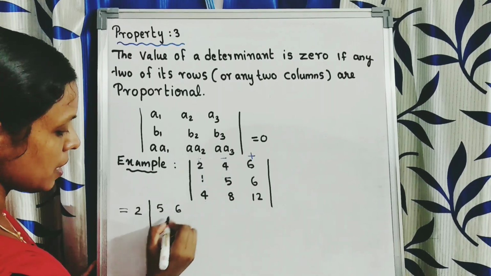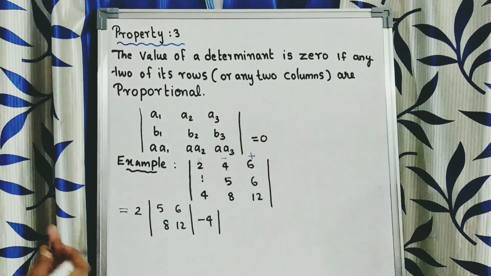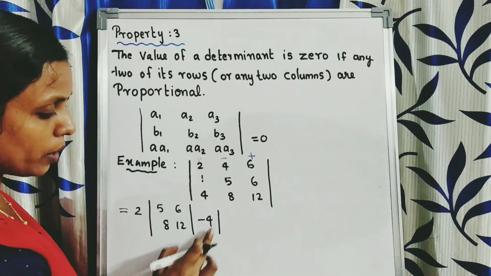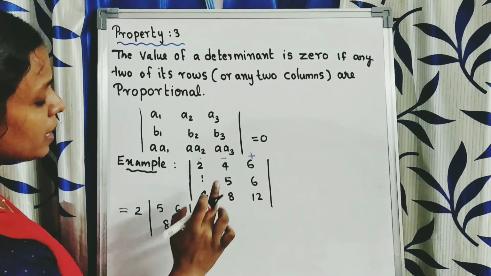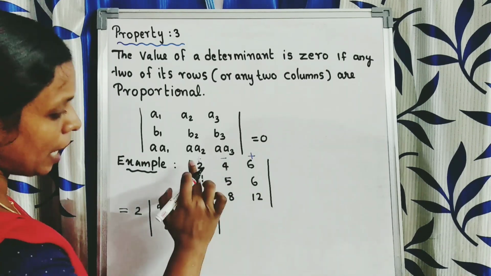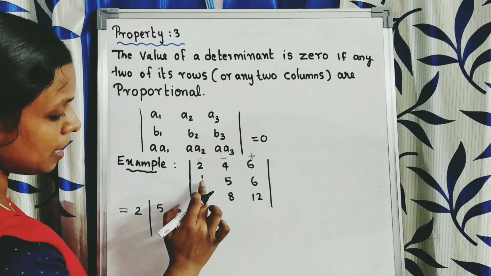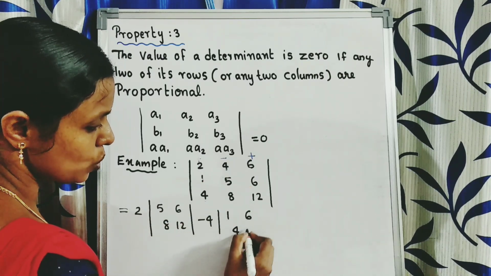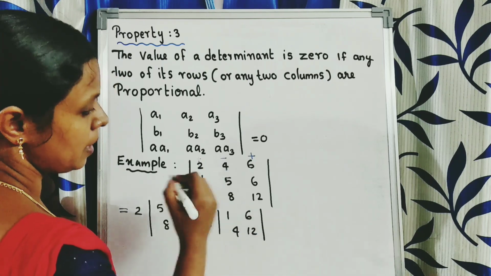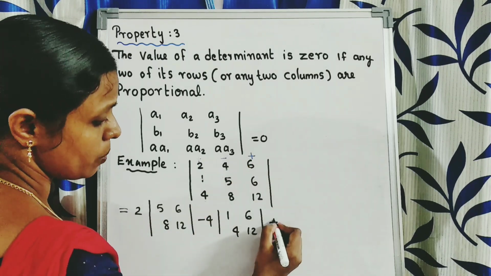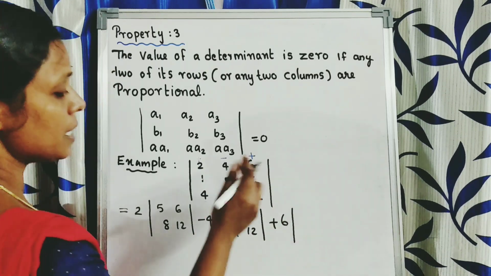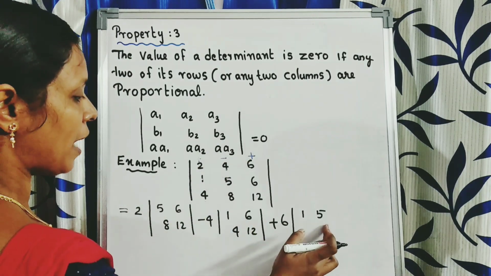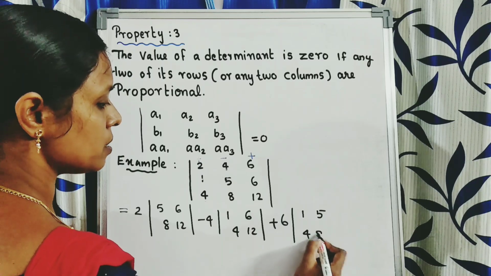Next, negative 4 times the determinant where we eliminate the second column and first row; the remaining elements are 1, 6, 4, 12. Next is plus 6 times the determinant where we eliminate the third column and first row; the remaining elements are 1, 5, 4, 8.